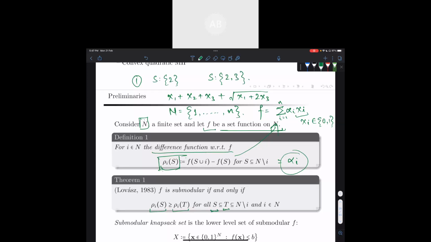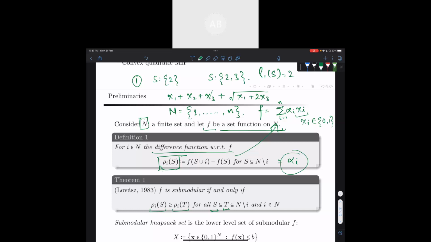So rho I of S in the first case is what? Let's say x2 was already 1. Now I'll keep x3 as 0 and I make x1 equal to 1. So my function value becomes 2 plus 1, 3. So my rho I of S is essentially 3 minus 1, which is 2.